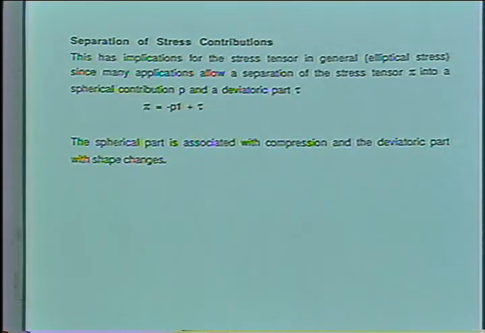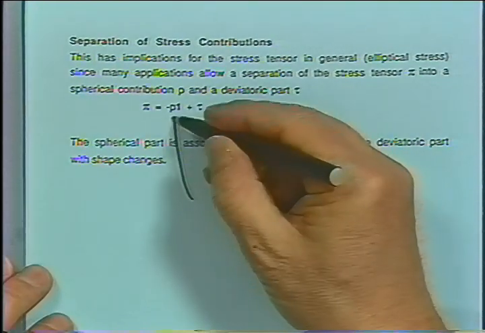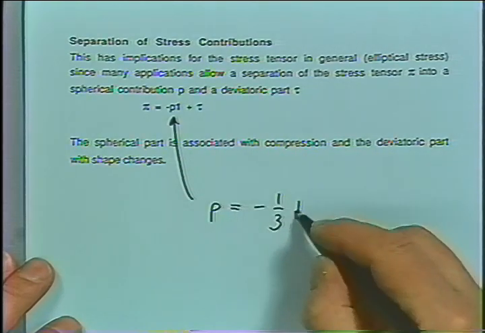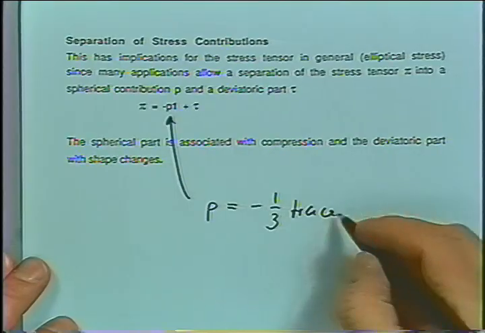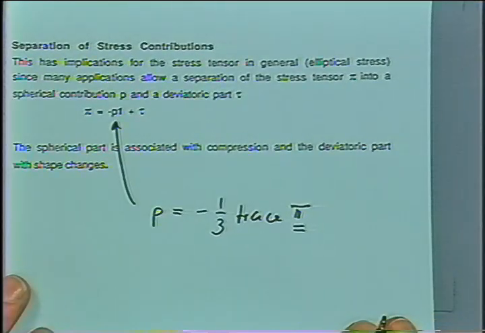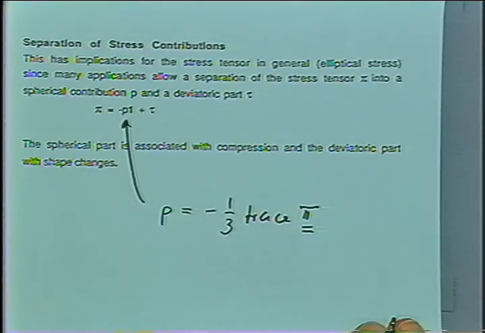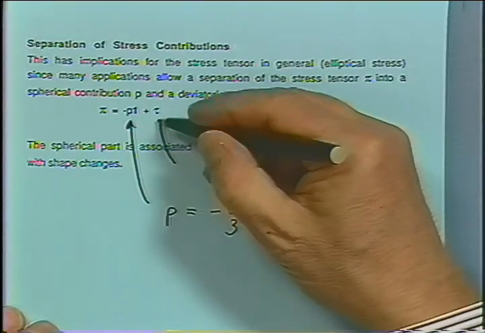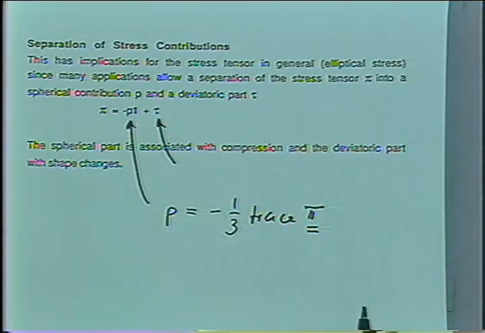In many cases, we would take this P being minus 1/3 of the trace of the stress tensor. So that would be just an average normal stress acting on our system. And this one would be then the deviatoric part. This would be the extra stress.